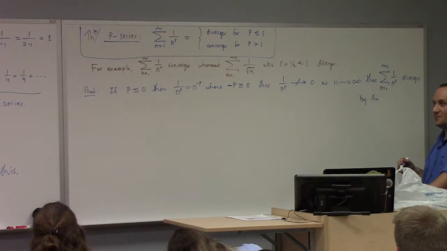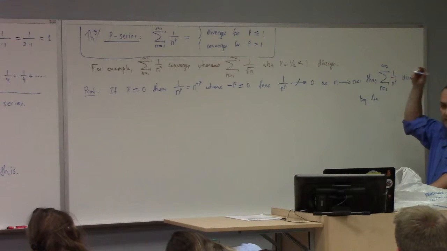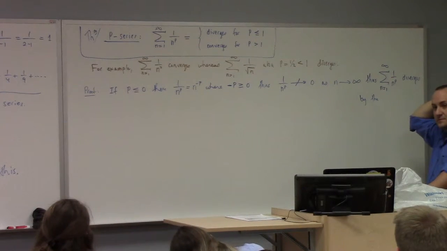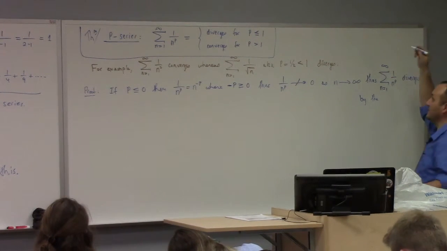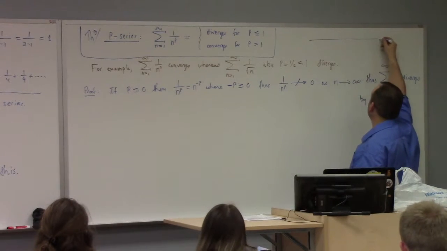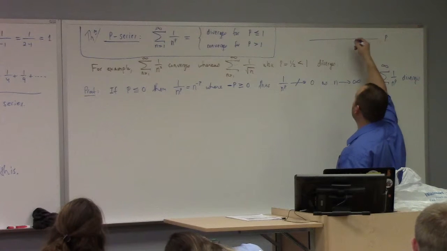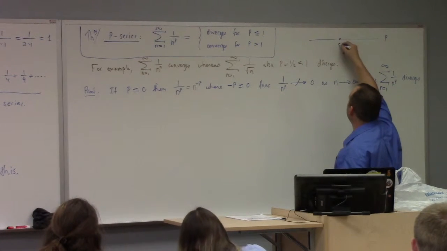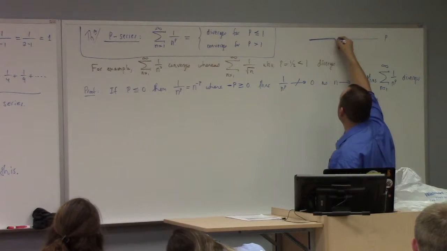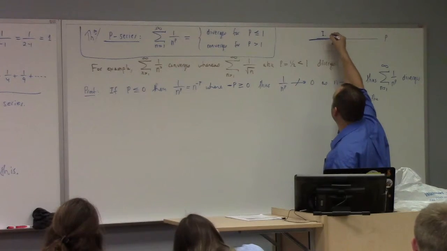That is true, but I'm trying to prove why that's true. I can't use that. What's my logic? To draw the cases, if this number line is p, I'm making an argument for p less than or equal to 0. Over here, this is my case 1.